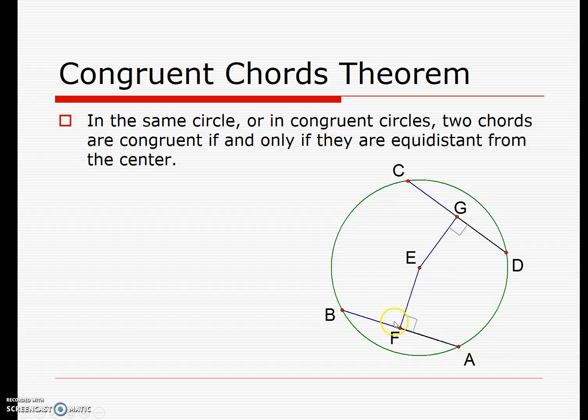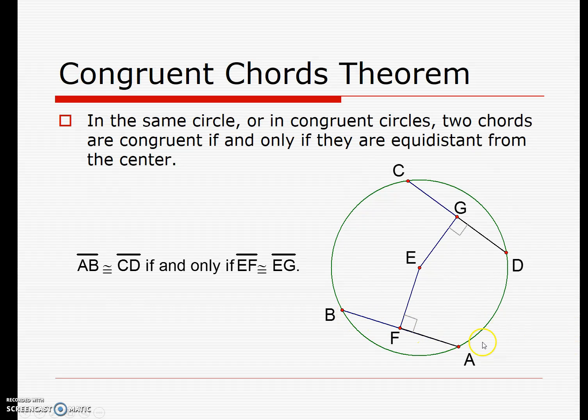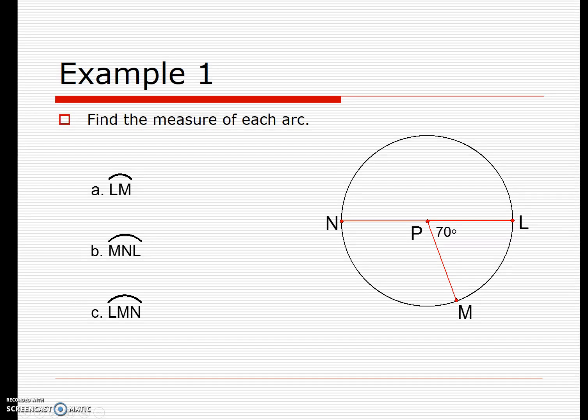These chords are going to be congruent if and only if EG and EF, those measures, are the same. The converse is also true. So if I tell you that AB and CD are congruent, then they're going to have to be equidistant from that center. All right, now that I've overloaded you with information, let's go ahead and start doing some examples.